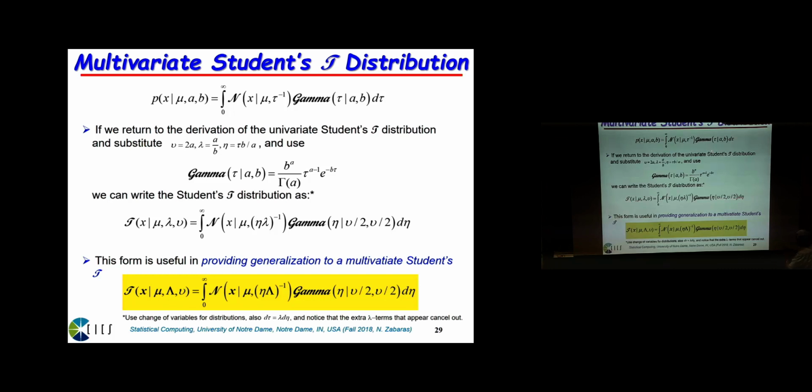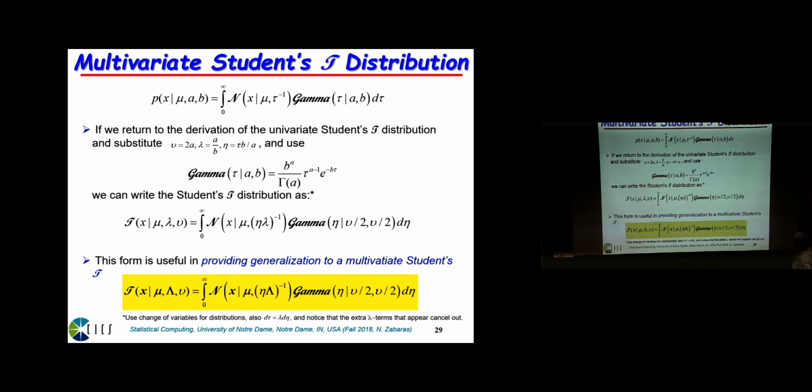All right? Where here, instead of having a gamma distribution on tau, we have a gamma distribution on this new variable eta. So to go from here to there, you're going to have to transform this distribution from a distribution in tau to a distribution in eta. And to do that, you're going to have to use the Jacobian of this transformation, which is how much?